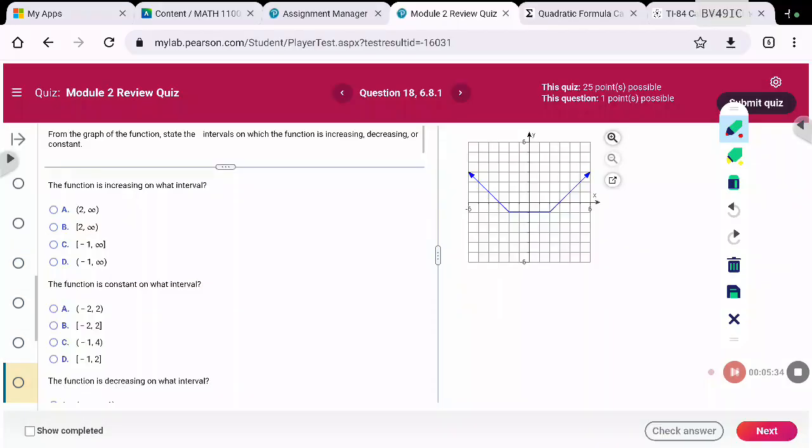All right, on this next problem, it's going to give us the function and ask us where it's increasing, constant, and decreasing. Remember, you read like a book. What I'm going to do now is go through and label what's happening on each interval.